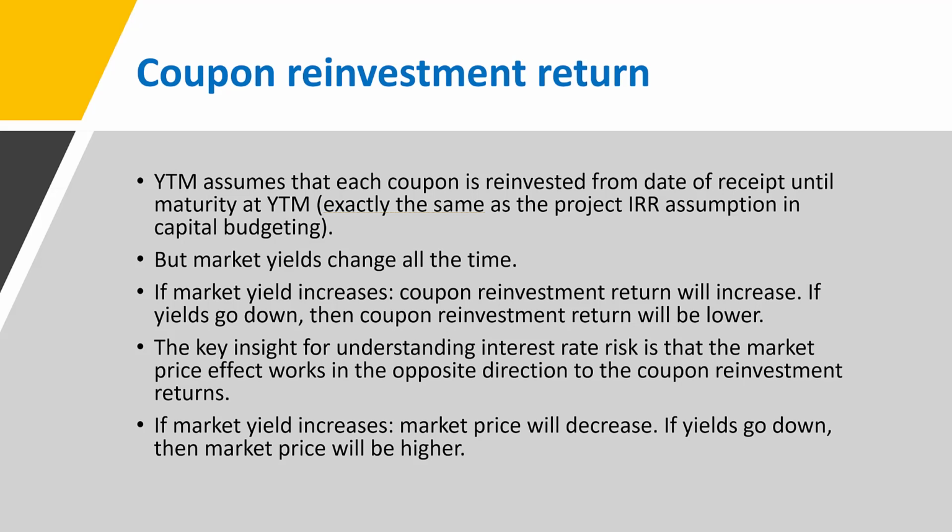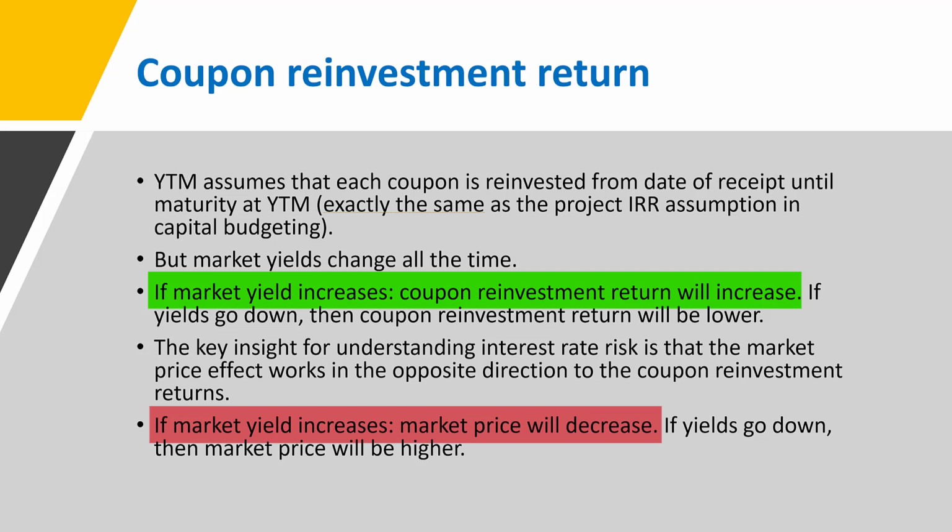This brings us to the crucial insight about interest rate risk. If the market yield goes up, for example, we have just noted that this will be good for the investor because the reinvested coupons will bring in more interest income. But the same change in yield causes the market price of the bond to decrease because price and yield are inversely related.